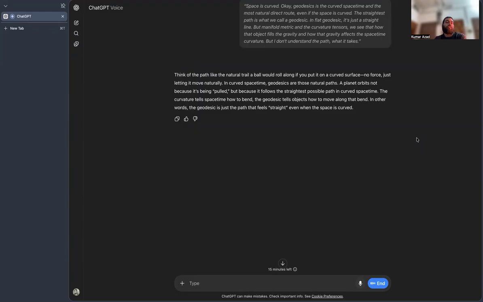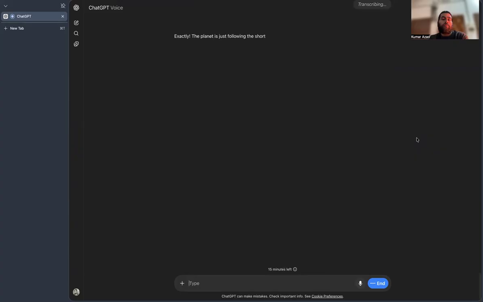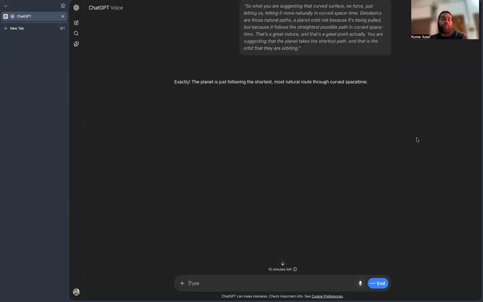Actually, you are suggesting that the planet takes the shortest path, and that is the orbit. Exactly, the planet is just following the shortest, most natural route through curved spacetime. It looks like an orbit because spacetime curves around the massive object. No mysterious pulling, just geometry. That's the beauty of it. What we see as an orbit is simply the straightest path in a curved universe.